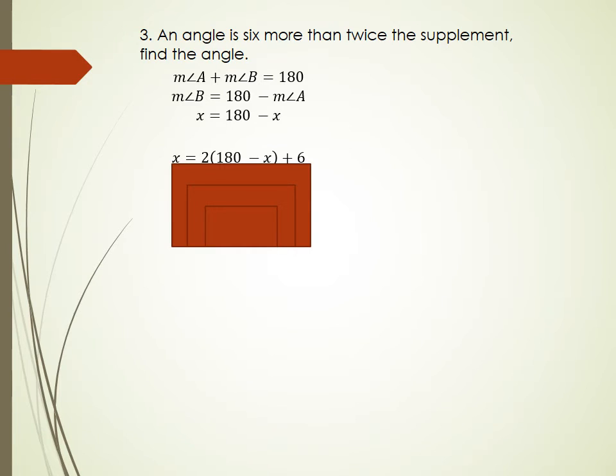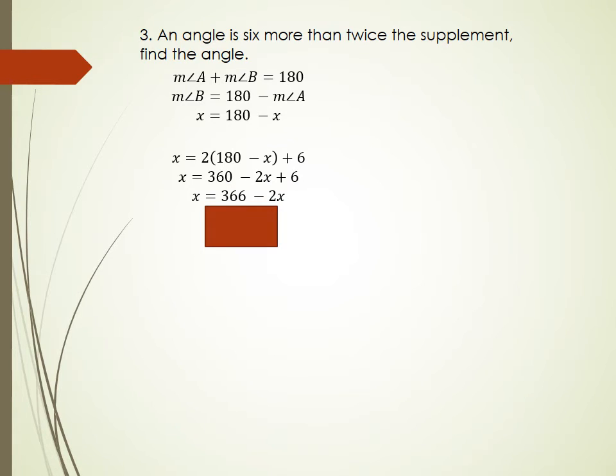So I have 2 times the quantity, 180 minus x, because that's the supplement. 180 minus x is the supplement of the other angle x. And it's 6 more, so it's plus 6. Now I go ahead and distribute my 2. And then I combine like terms. And then I add 2x to both sides. And then divide.